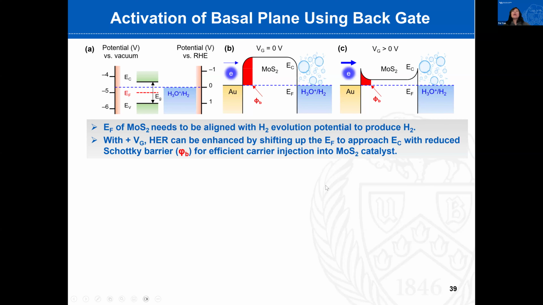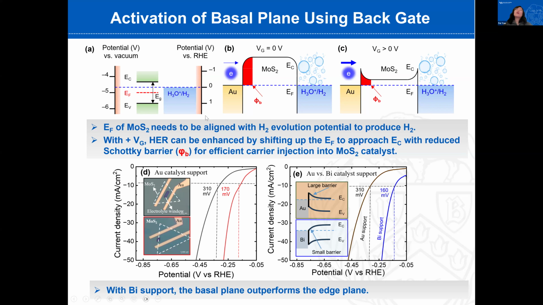Apparently, we can leverage the knowledge from electronic devices and try different metallic contacts to see how we can minimize the Schottky barrier and promote the basal plane property. This is the previous slide data showing the gold catalyst support where the basal plane showed fairly high overpotential. But if we switch to a bismuth contact, we can see the performance significantly improved, even without applying any backgate voltage, okay?